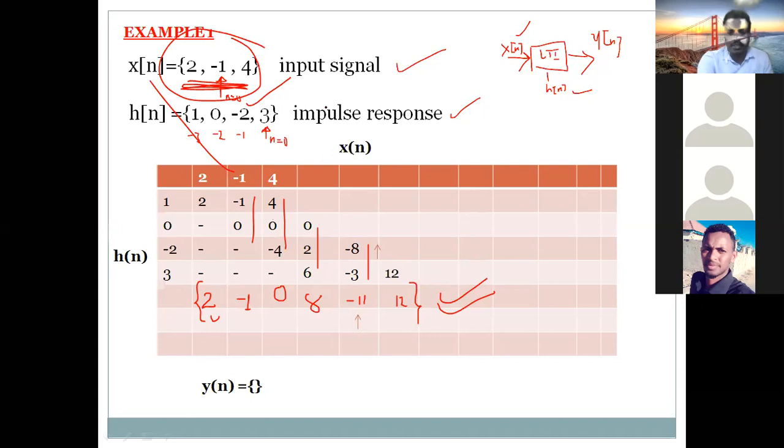For a non-periodic signal, we have a convolution called linear convolution. There are different methods, but I think this tabular method is the easiest way to calculate the convolution of linear time-invariant discrete-time systems. Okay.